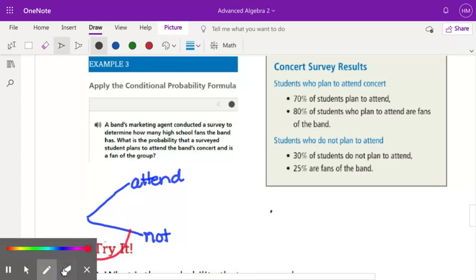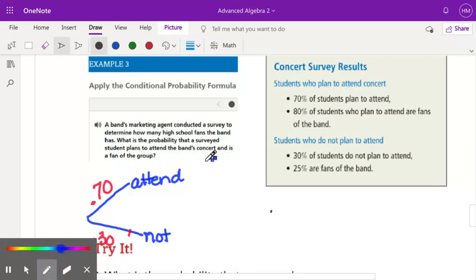So, whoops, let me erase that part. Here we go. So I know that 70% of students plan to attend, so 0.7 here, or 0.70. And then I also know for sure 30% do not plan to attend, so I can put a 0.3 here. And then I notice 0.70 plus 0.30 is 1, that's what I want to happen.